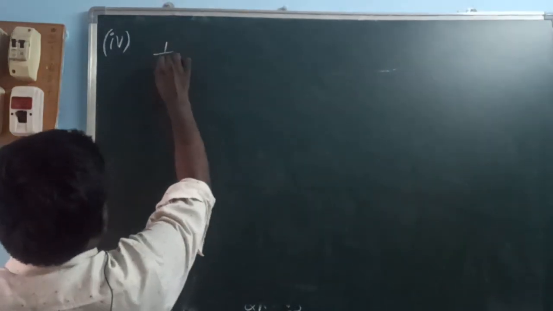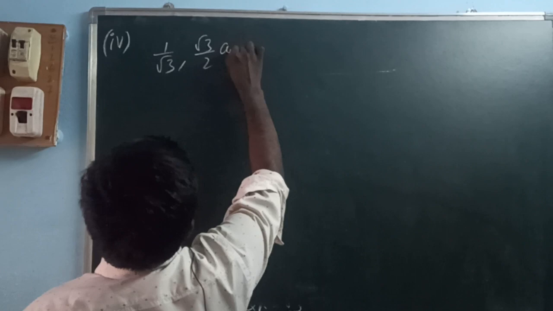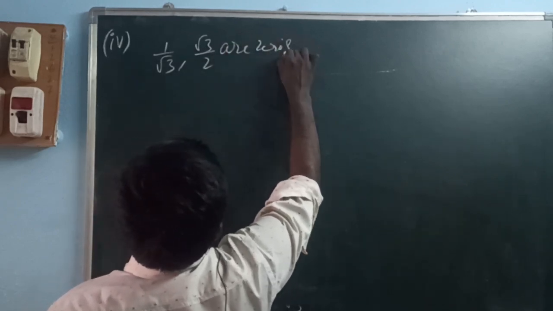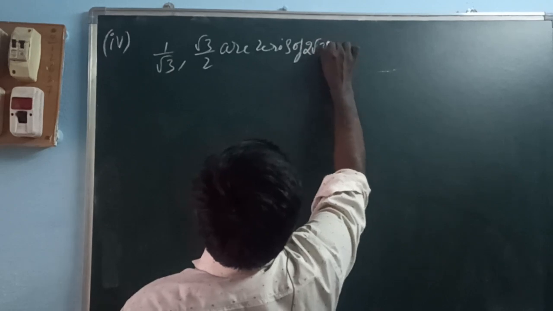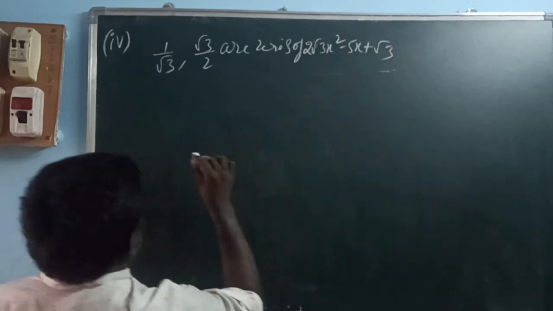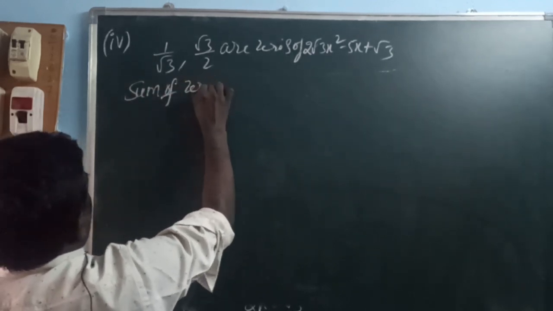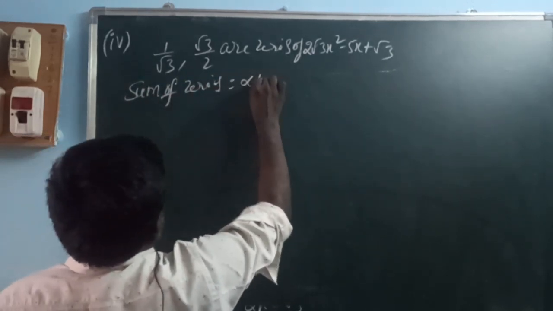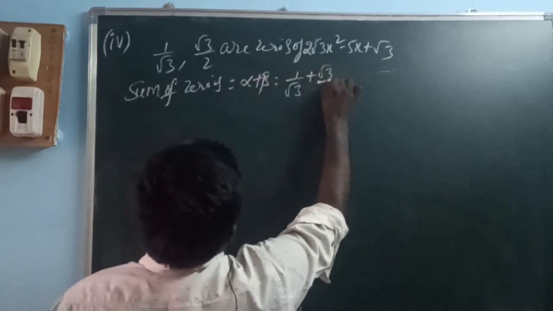So therefore 1 by root 3 and root 3 by 2 are zeros of 2 root 3 x square minus 5x plus root 3. So here, sum of zeros: alpha plus beta is equal to 1 by root 3 plus root 3 by 2.